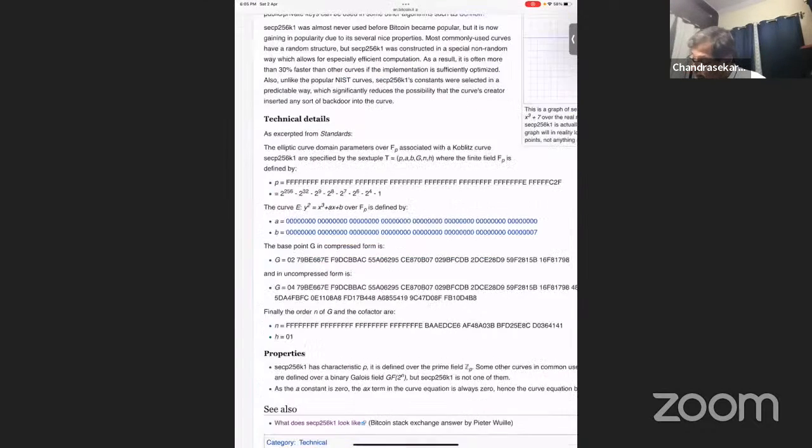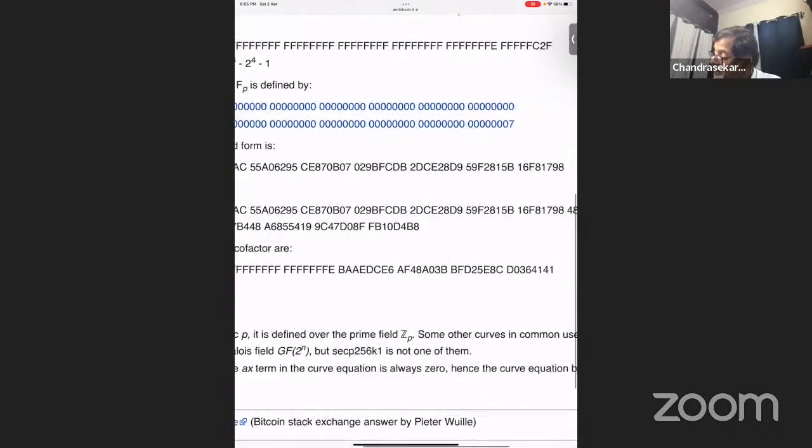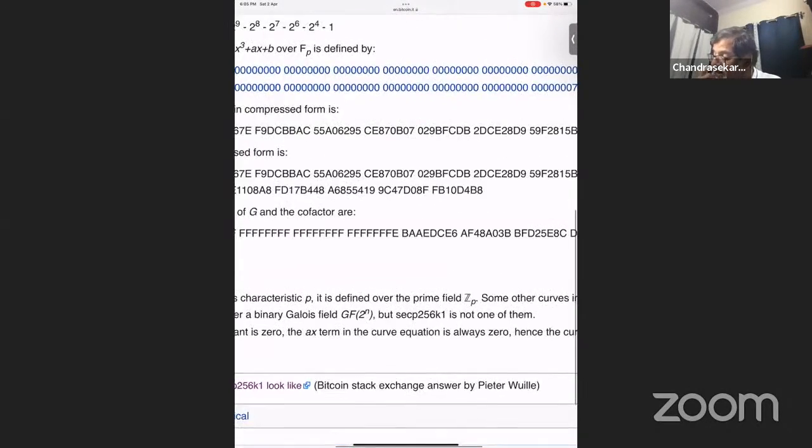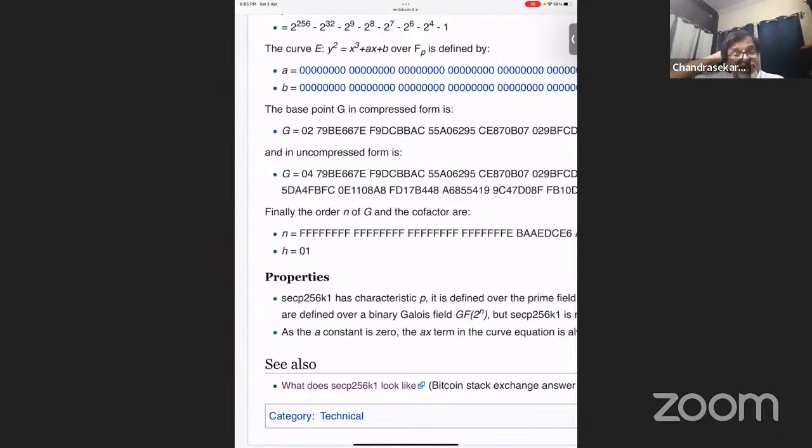G followed by 04 is different from G followed by 02. G followed by 04 has its X coordinate and Y coordinate. The X coordinate is a 256-bit number and the Y coordinate is a 256-bit number. Put together, there will be 512 bits. This is called the generator G.